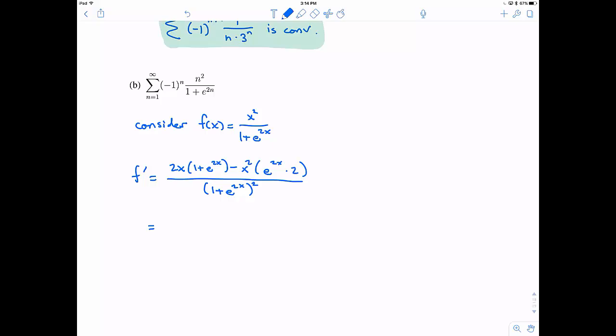And here's where I have to use my Calc 1 knowledge and try to expand this out, and then we'll try to factor it after that. So let's expand: 2x plus 2x e to the 2x minus 2x squared e to the 2x. Okay, and the denominator stays the exact same.